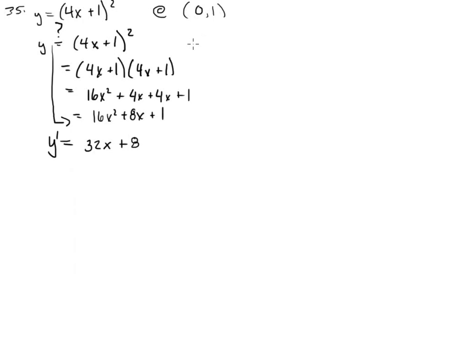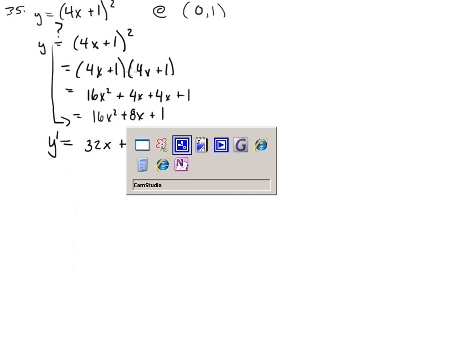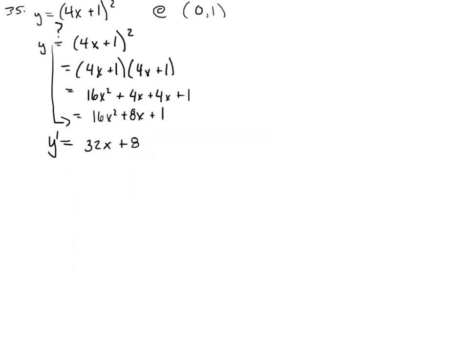So what we have to do is figure out what the derivative is equal to at that point of x equal to 0. So our y prime will be equal to 32 times 0 plus 8 equals 8 at x equal to 0.